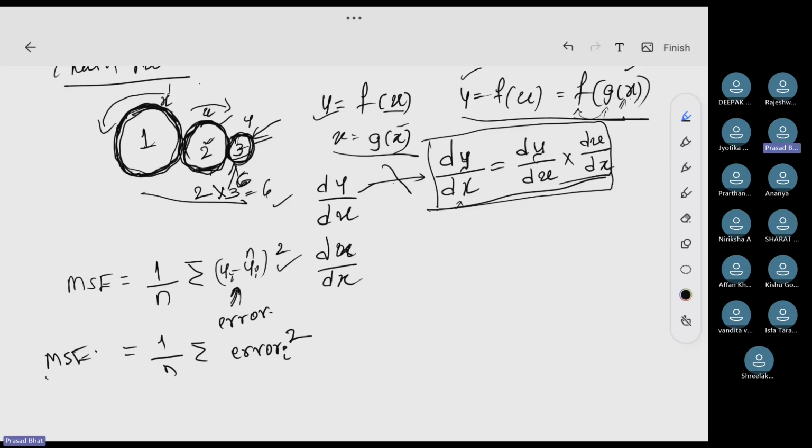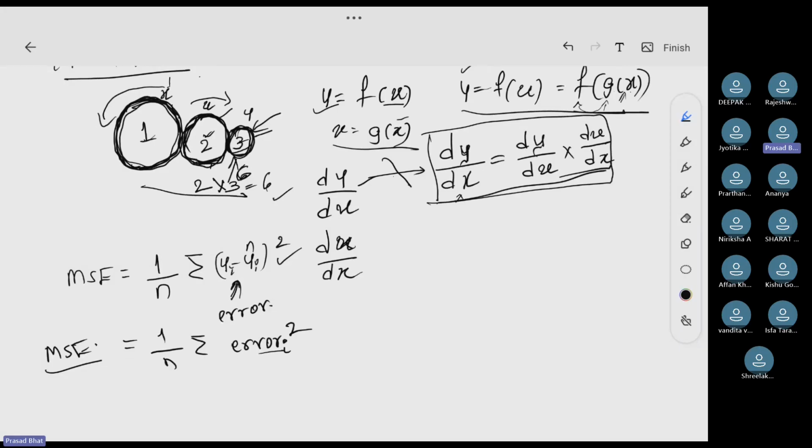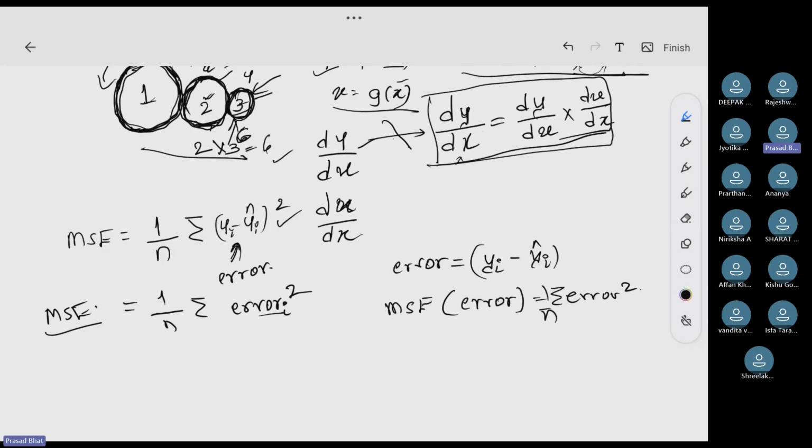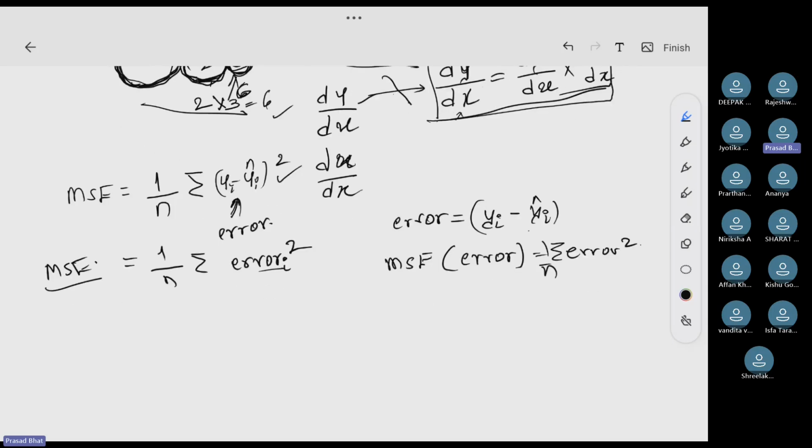So MSE is essentially a function of error, right? Now if I take some other name for error square, let me define it this way. Error is a function. What is it? yi minus yi cap. This is error, correct? And MSE is essentially a function of error that is given by sigma 1 over n error square, correct? Now what is yi here? Let's replace that.